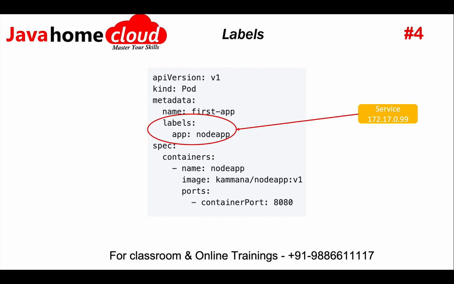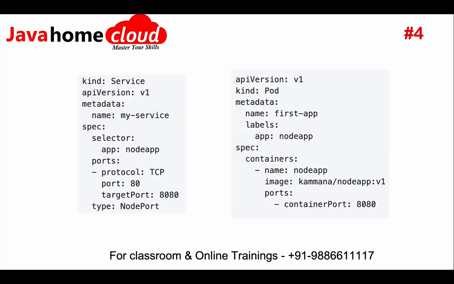Service objects will have a selector. It selects all pods matching a specific label. I am showing the YAML file of service and pod side by side. Service has a selector. It's going to select pods with a specific label.